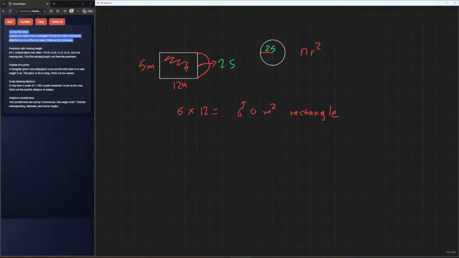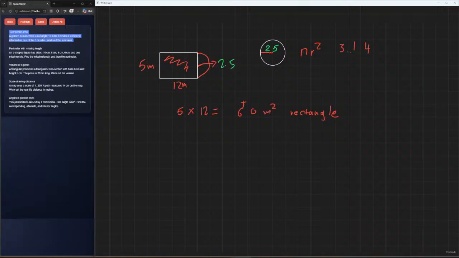So now for this, we're gonna do 3.14, which is pi.